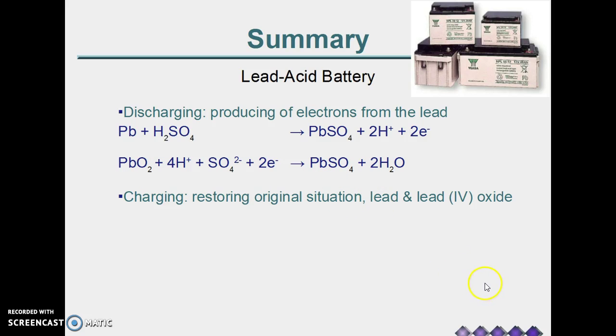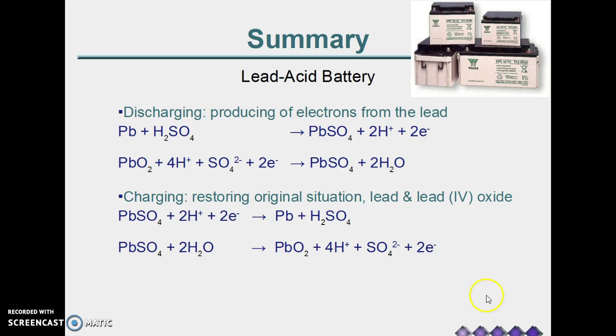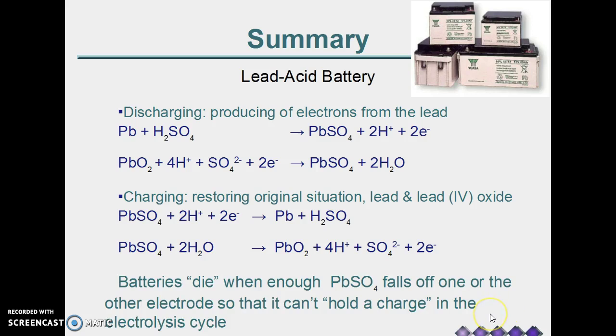Charging restores the original situation, lead on one electrode, lead 4 oxide on the other. Batteries die when enough lead sulfate falls off one or both electrodes so that the battery can no longer hold a charge in the electrolysis cycle. The circuit then would be broken.